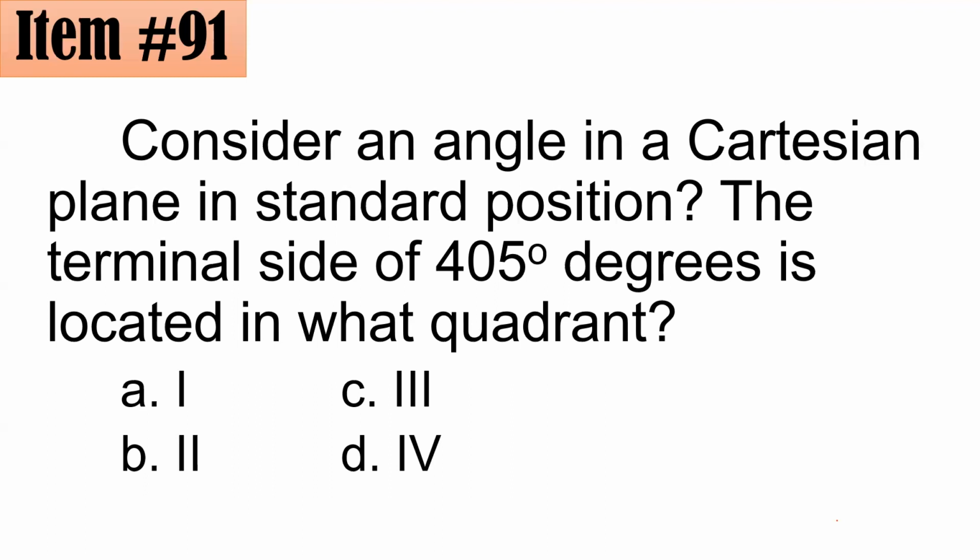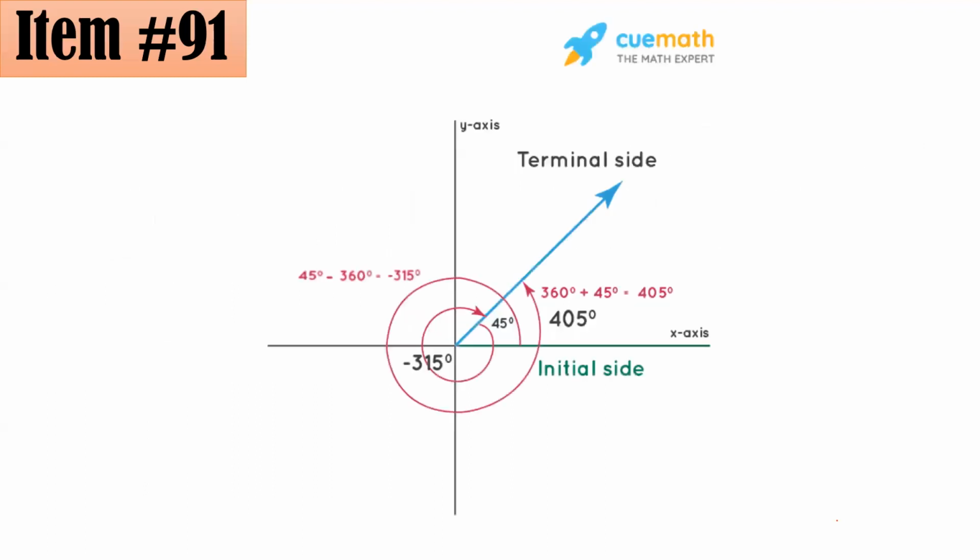Thank you po. Ito po yung initial side natin. So dito, you will go 90, 180, 270, 360. Bawat quadrant kasi 90 degrees yan. So from here to here, that's already 360 degrees. But 405 yun eh. So 405 minus 360, kailangan mo pa ng additional 45 degrees na ikot.